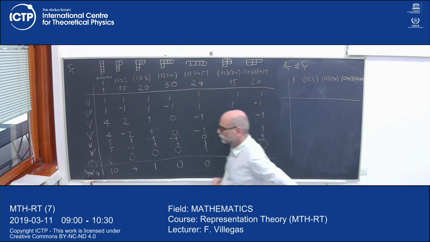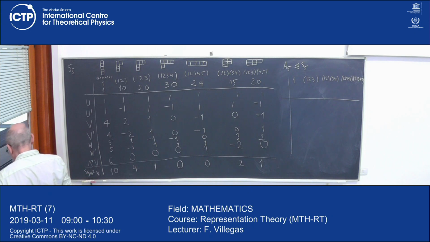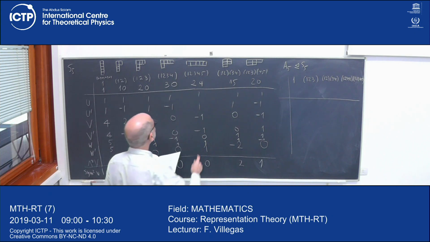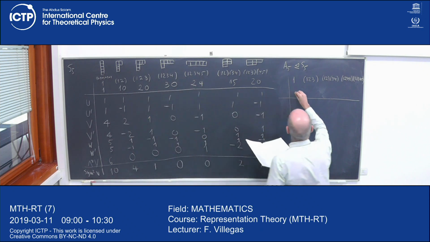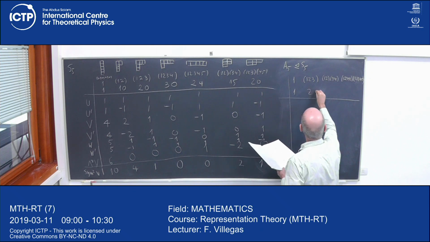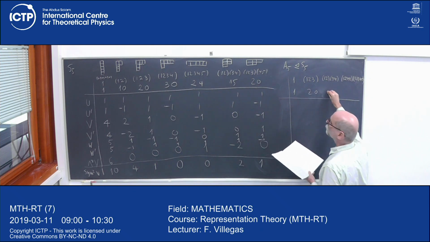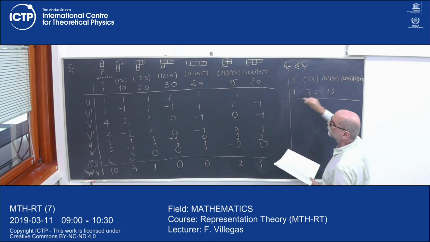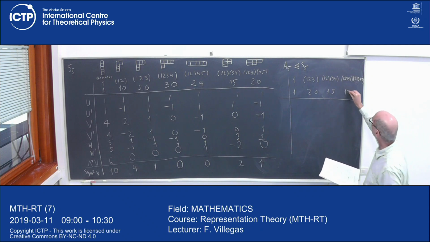So these are the conjugacy classes of A5. Everything else stays the same, the numbers are the same. We have 1, 20, 15 here, but this 24 for the 5 cycles becomes 12 and 12.